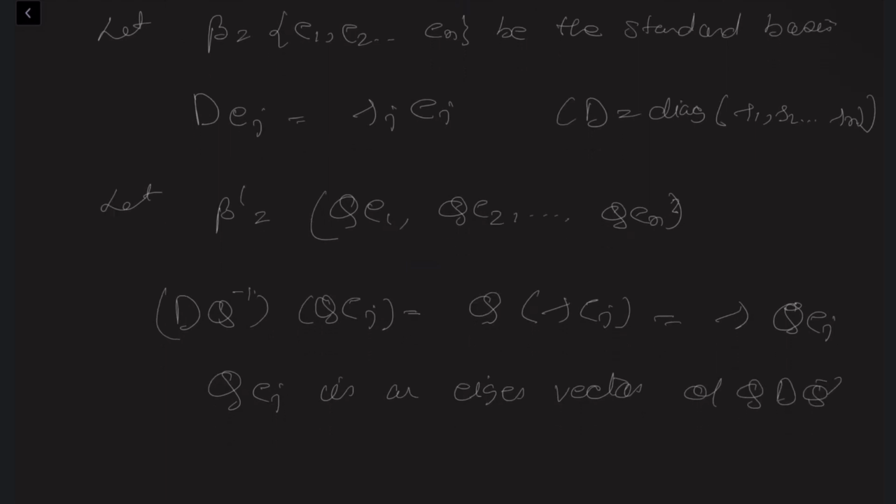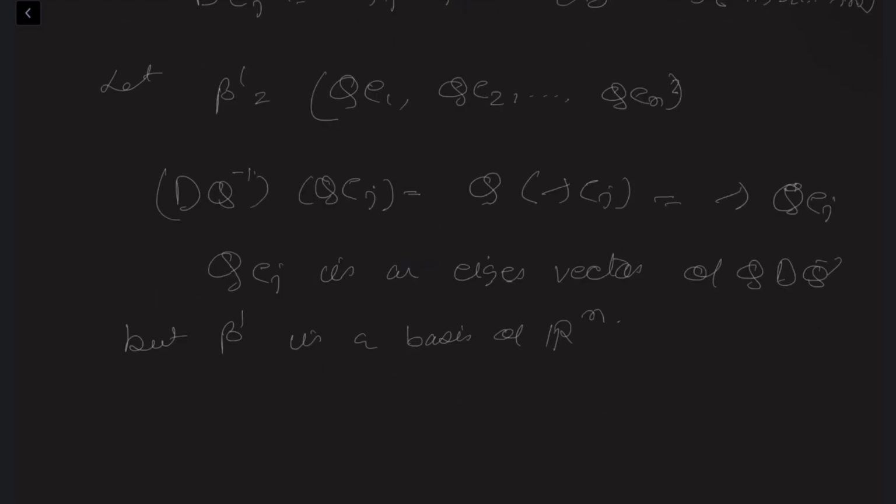But we also know that my beta dash is a basis of Rn. And what does it imply? It implies that my Q D Q inverse is a diagonal matrix with respect to beta dash.